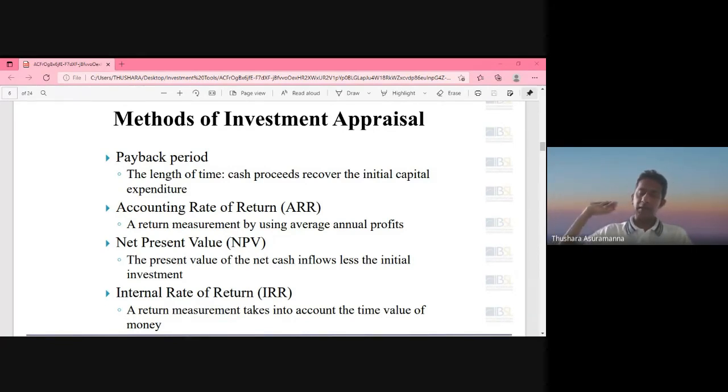But now I am in NPV. What I have done here is, irrespective of the time value, I see how much I am getting in year 1, year 2, year 3, year 4, collectively, and then the difference is initially 10 million. When I get that 10 million recovered, at that time we say payback.